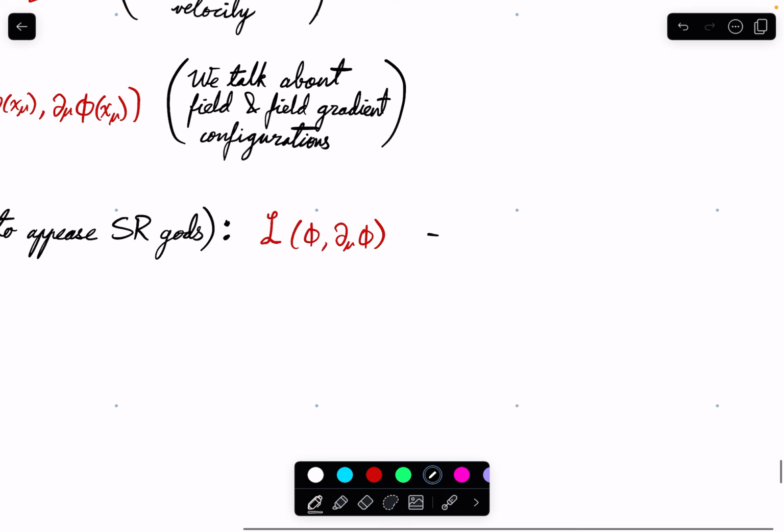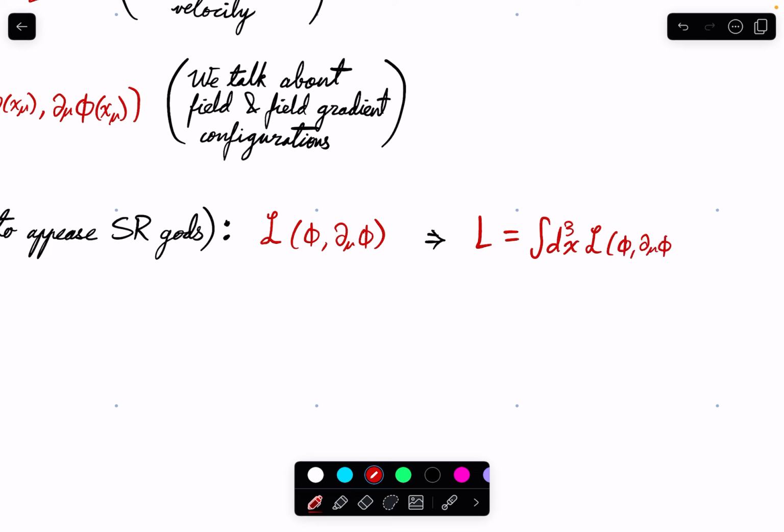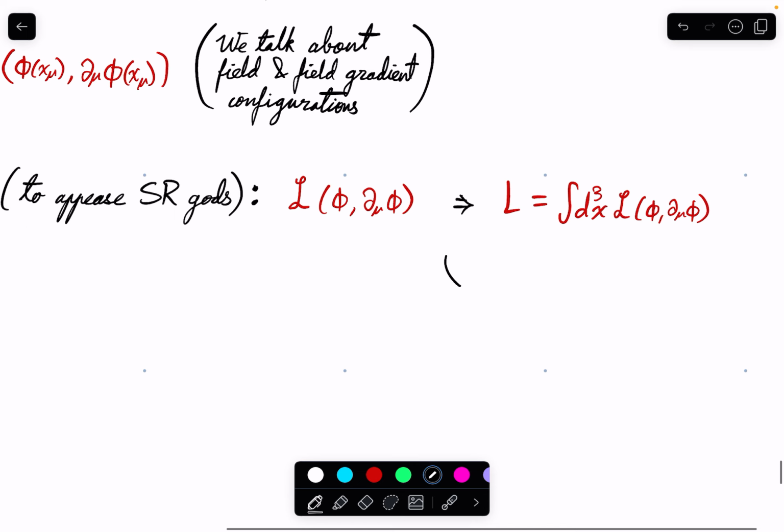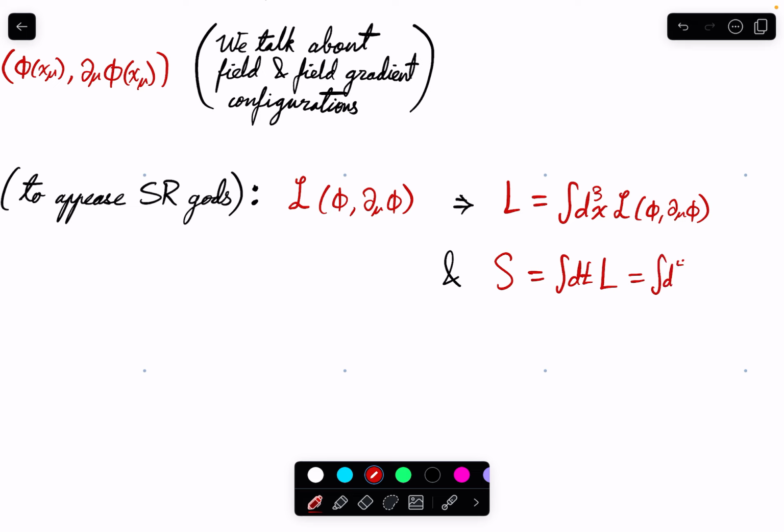And it is defined such that the Lagrangian is equal to the integral over space of the Lagrangian density. And this implies that the action is still equal to the integral over time of the Lagrangian, but it's equal to the integral over space-time of the Lagrangian density.